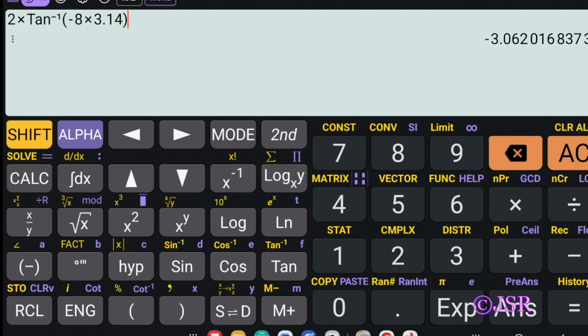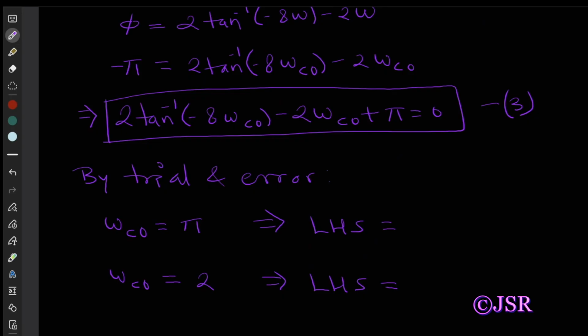So bracket close, minus bracket open 2 into 3.14 bracket close, plus pi. So here we can see we are getting minus 6.2.